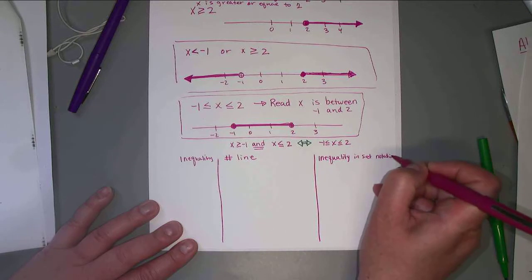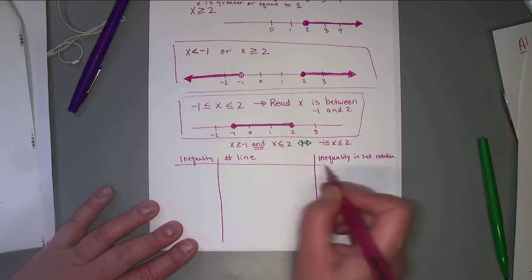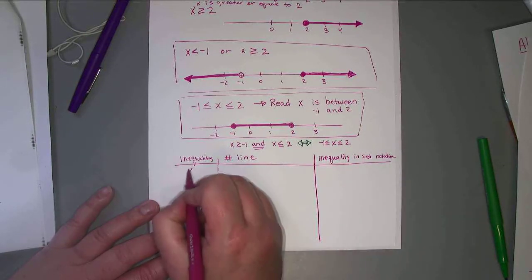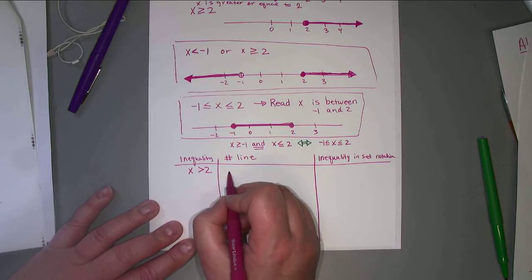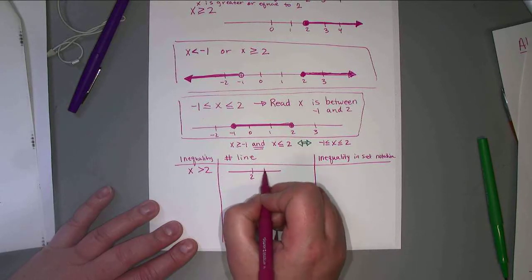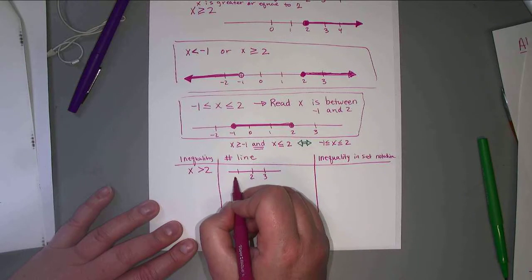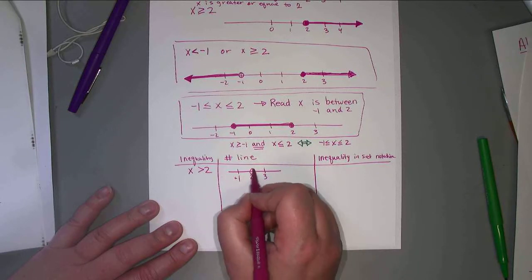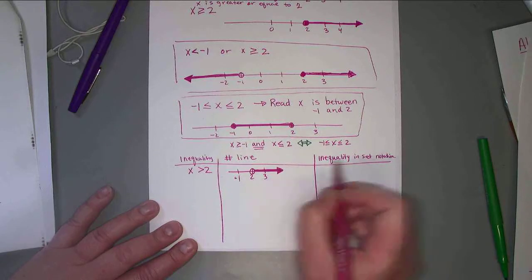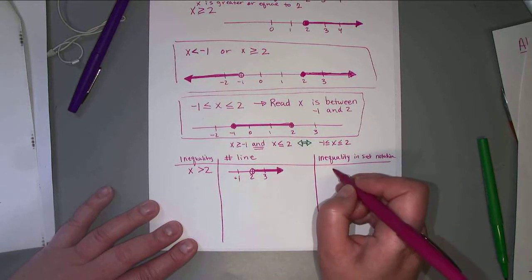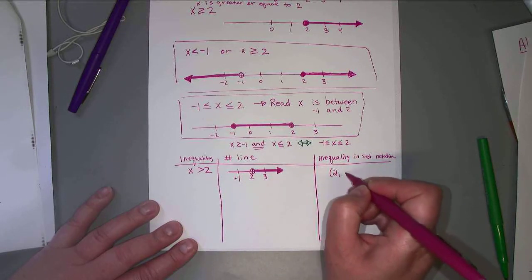So there's two different ways that we can write an inequality. So I personally like the inequality way, this way. So if that says x is greater than 2, here's 2, 3, 1, greater than 2, be in that direction. And the interval would say 2 to infinity.